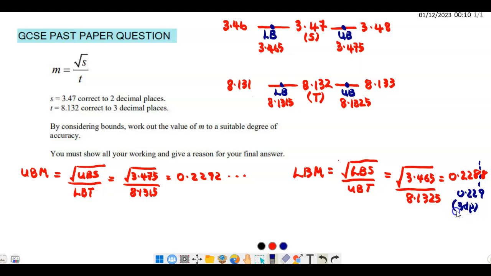So to 3 decimal places, both of them give the same answer. So that's 0.229 to 3 decimal places.